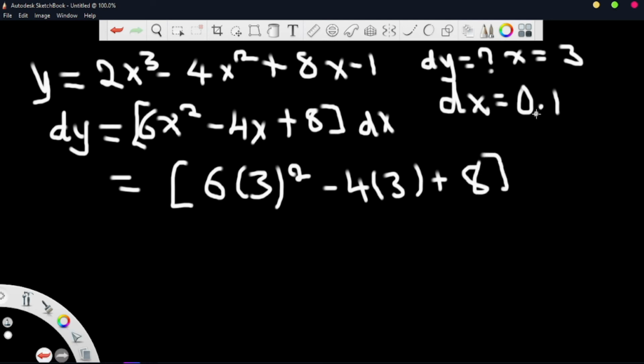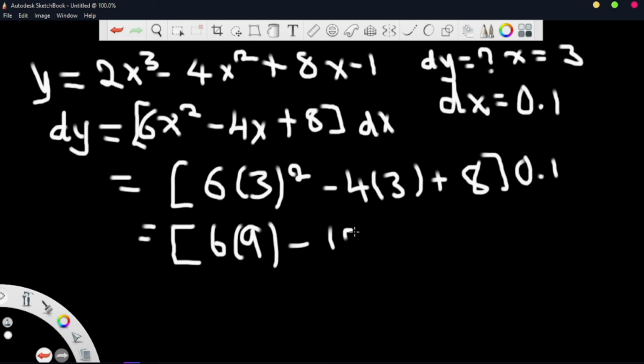And then all this is multiplied by dx, which is 0.1. So this is going to be equal to 6 times 3 squared, that is 9, and then a negative 12, plus 8.